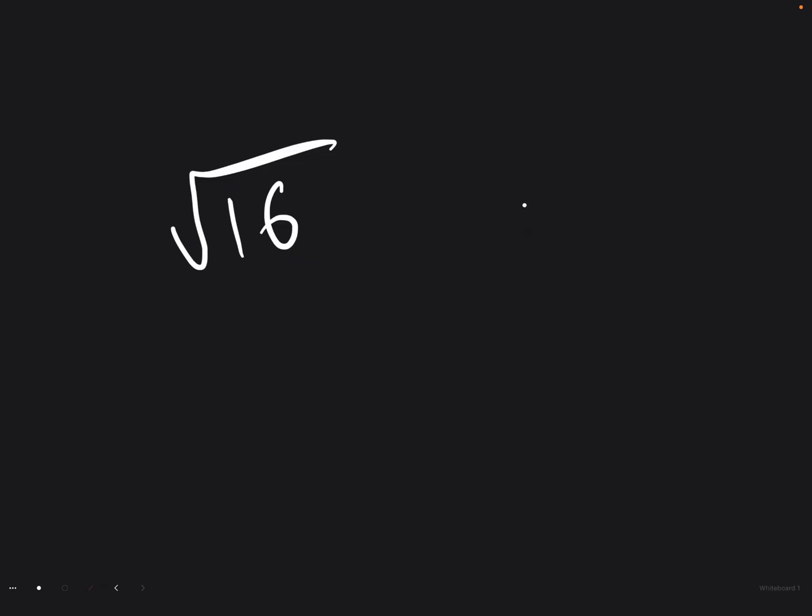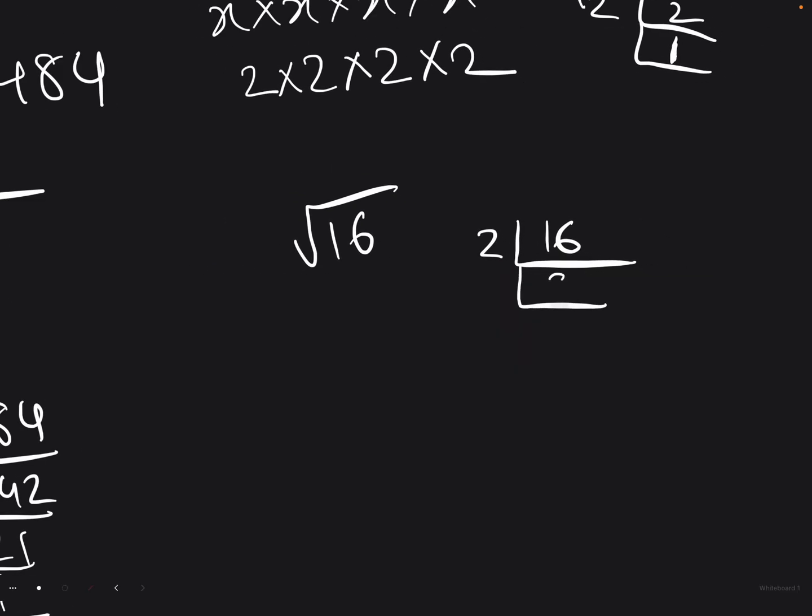So we'll make the pairs here. We get 2, then we get an 8, then we get a 2, then we get a 4, then we get a 2, then we get a 2 again, 2, and this becomes 1. This time we're looking for pairs of 2.